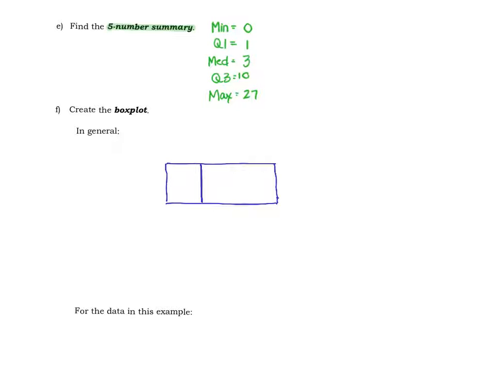Okay, then there are some tails that come out. And again, however long you want to make them is fine with me. And then occasionally you'll have some extra dots out on either end. They can be on one end, both ends, or the other out past those little tails. Okay, so let me tell you what happens. This value on the far left is the minimum value that is inside the fence.